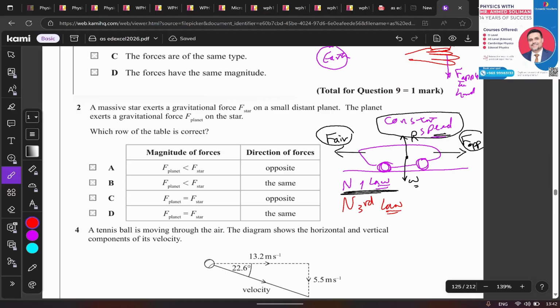The weight and the normal force. Are the weight and the normal force the same type of forces? No, that's why it's wrong. So it's the applied force and air resistance. Are the applied force and air resistance the same type?